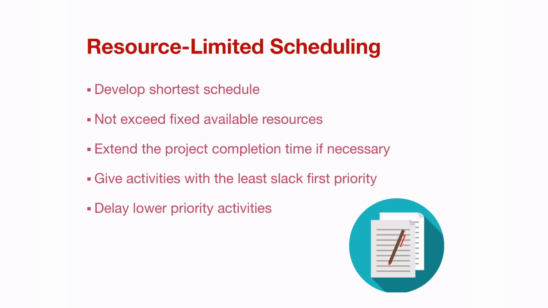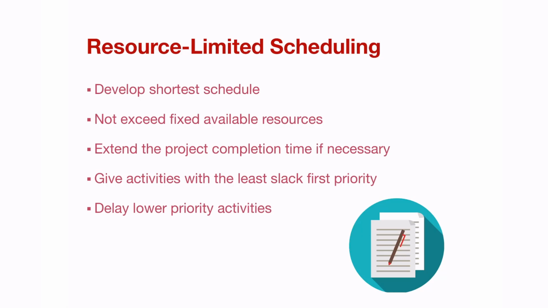When we look at the concept of resource limited scheduling, this is to develop the shortest schedule that you can have. So this is where you only have resources for a limited period of time. You try not to exceed the fixed available resources that you have.